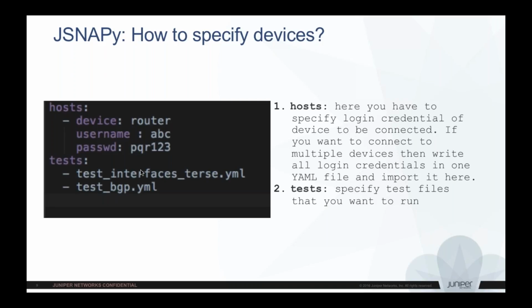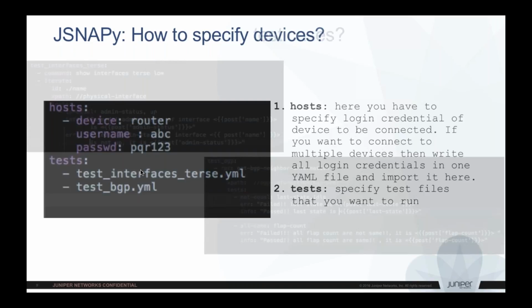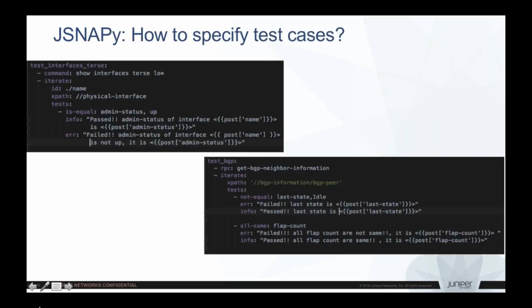The tests themselves are defined in YAML. So here you can see that I have a test case to be executed wherein I run the show interfaces strs command on the loopback address.